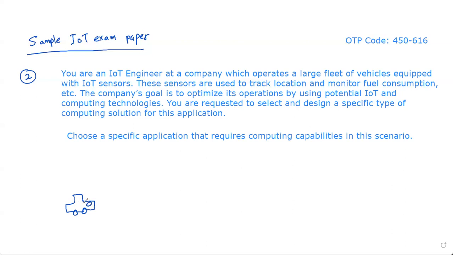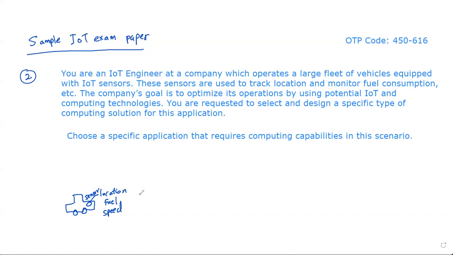These sensors will take some measurements regarding one of its parameters. It could be the location, it could be the fuel consumption, it could be speed. Likewise, the sensors in that vehicle can make measurements regarding certain parameters.